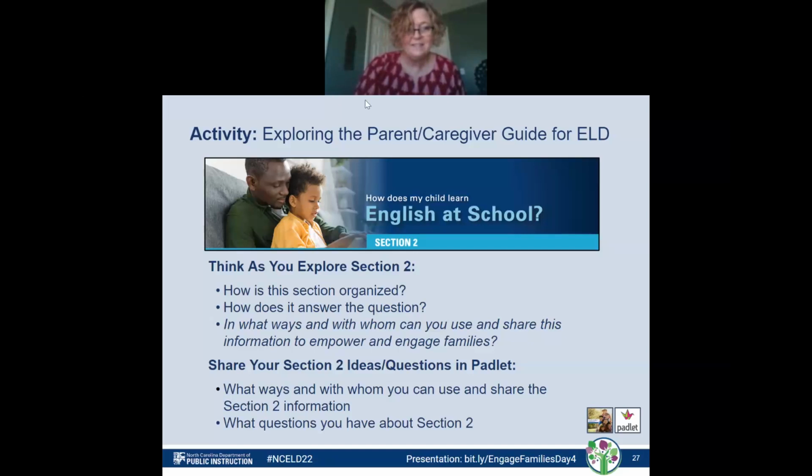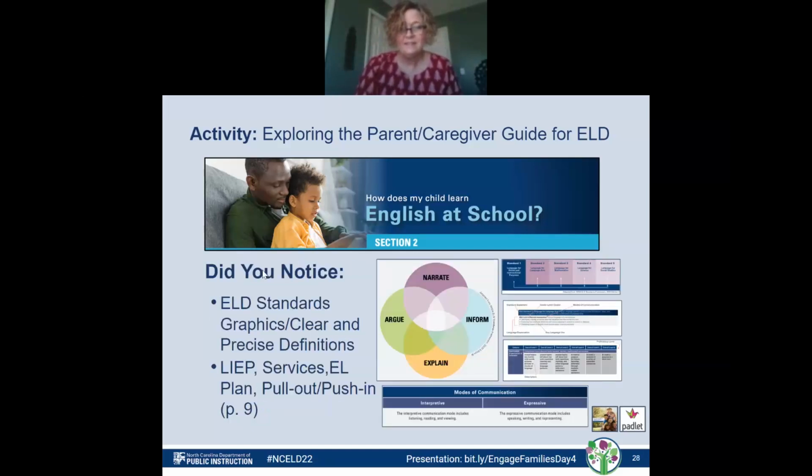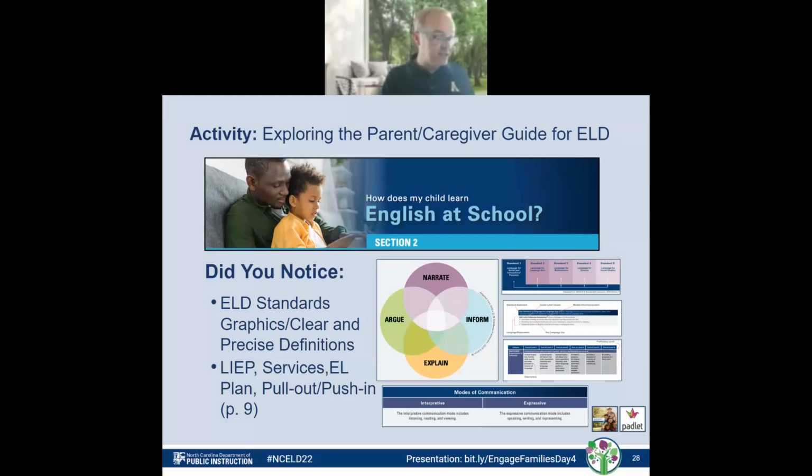While we get ready for our share out, did you notice? Graphics come straight from the ELD standards documents with clear and precise definitions, so parents, colleagues, and community members are able to see and hear the information and the language of the standards just as multilingual educators are.